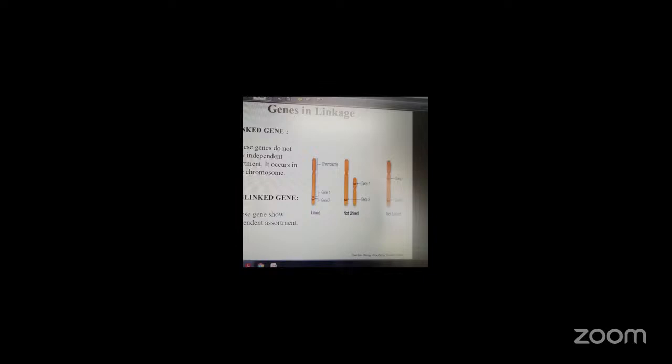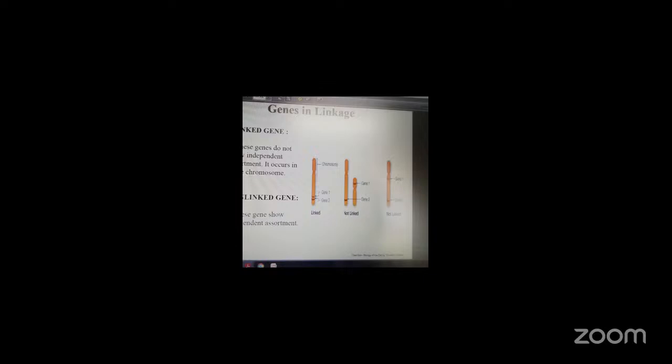In the coupling phase, the dominant alleles are present together on the same chromosome. In the repulsion phase, the dominant allele of one gene is linked with the recessive allele of another gene on the same chromosome.